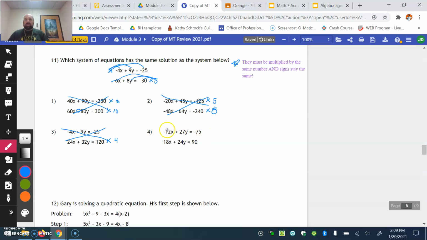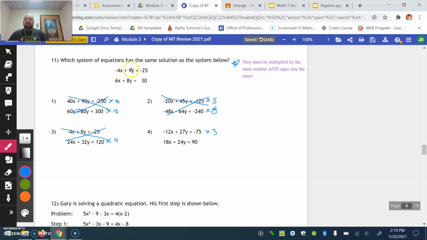How do I get negative 12x? If I'm looking at the first equation up here, let me get rid of all that stuff. It looks like whenever I see a 4 and a 12, I'm thinking, okay, there must have been multiplying by 3. So times each of these by 3, distribute 3.